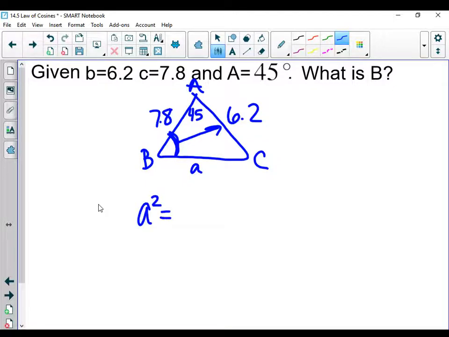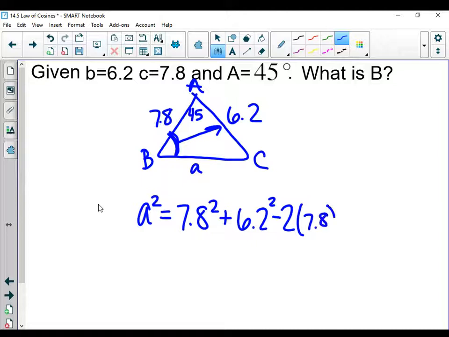So if I have A squared, then I can use the other two sides because that's what I'm given. These are nice.